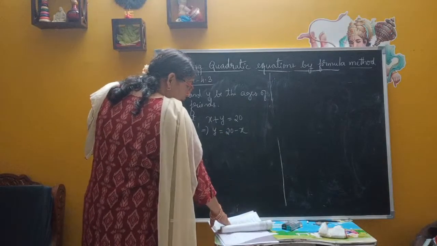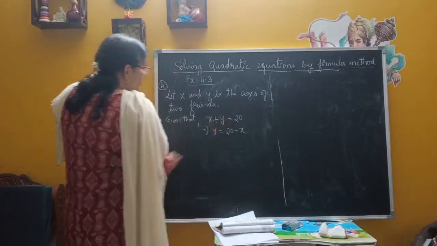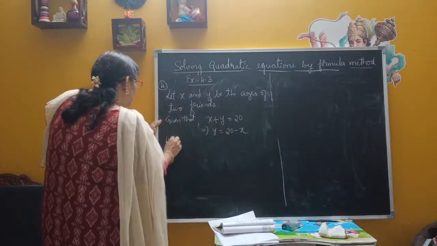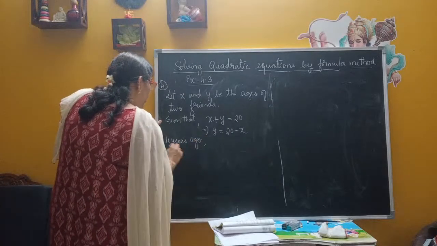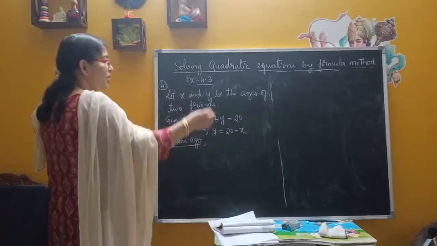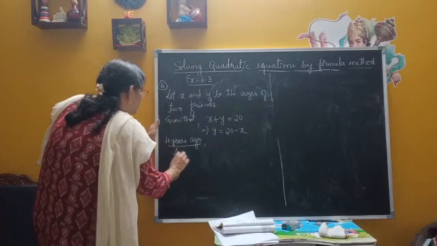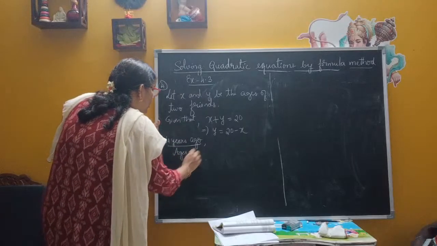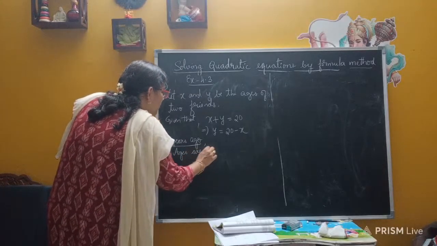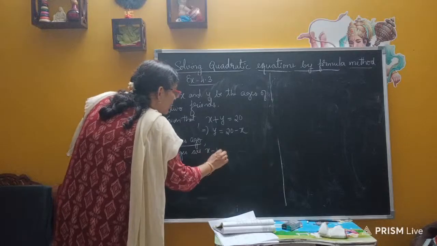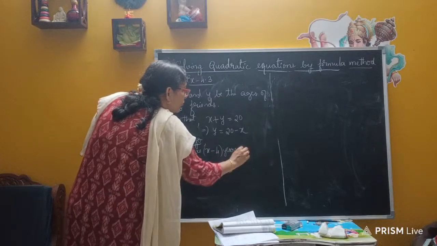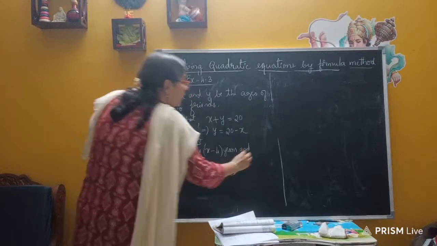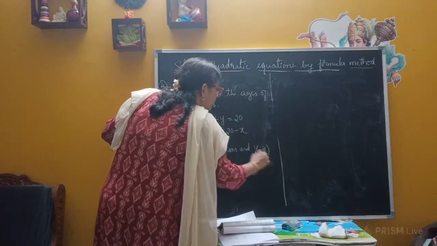Now the second condition, 4 years ago. 4 years ago means what? Their ages will be x minus 4 years and y minus 4 years.